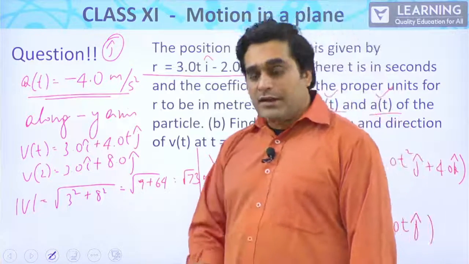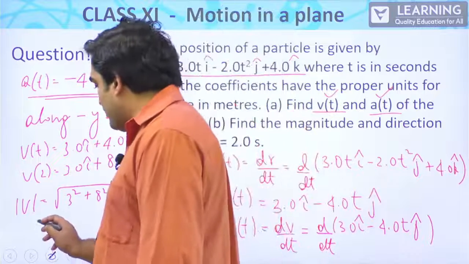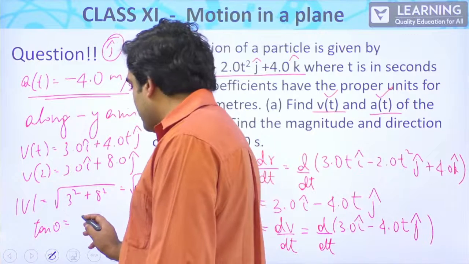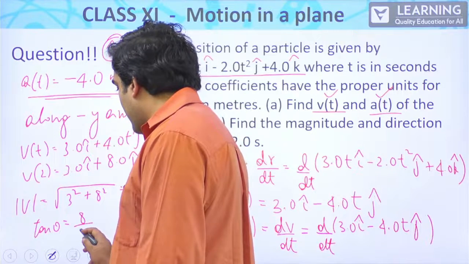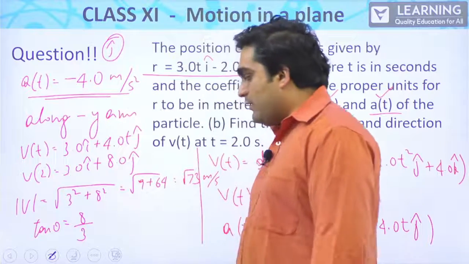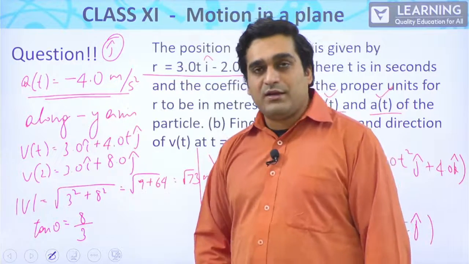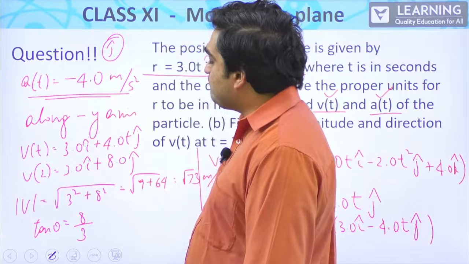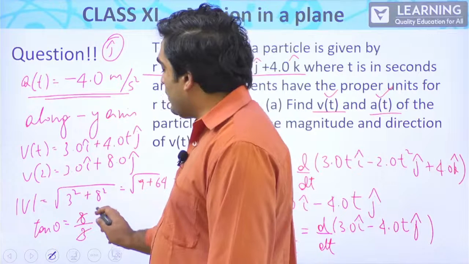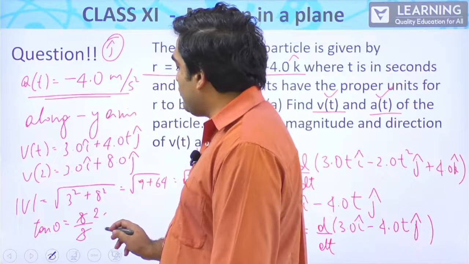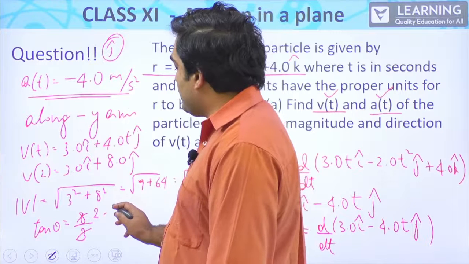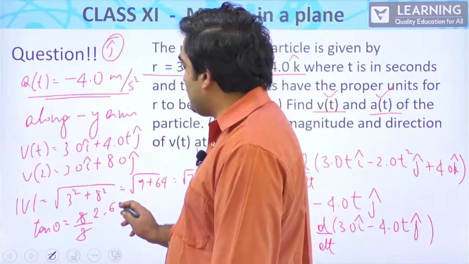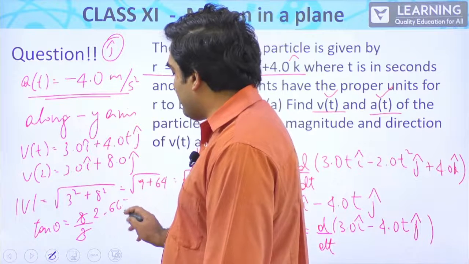All right, next, direction. Tan theta is equal to y by x, which is 8 by 3. Tan theta is equal to 8 by 3, which is 2.667.